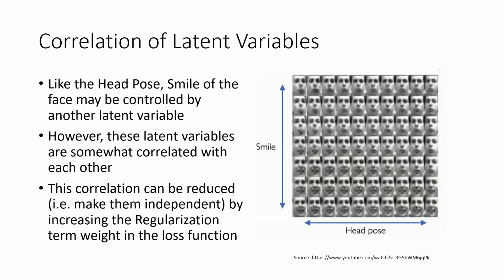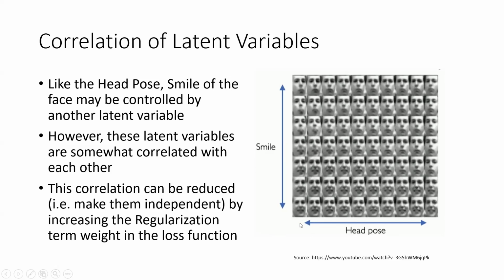In the latent space, there is not only one hidden variable, but there can be many other latent variables, like the variable relevant to the smiling nature of a person, right? So we can have a matrix with the head pose and the smile.